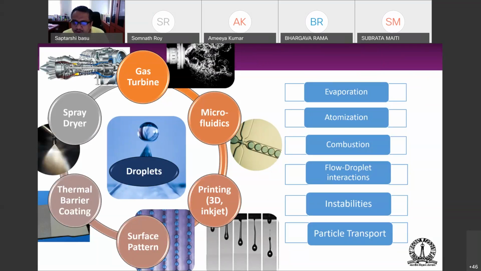Some of the key phenomena that we try to understand in this particular context are evaporation, atomization, combustion, some interactions of the flow and the droplets, and instabilities. And in cases where the droplets are actually colloidal or particle laden in nature, we also look at the particle transport. So keeping this in mind, these are the different application domains.